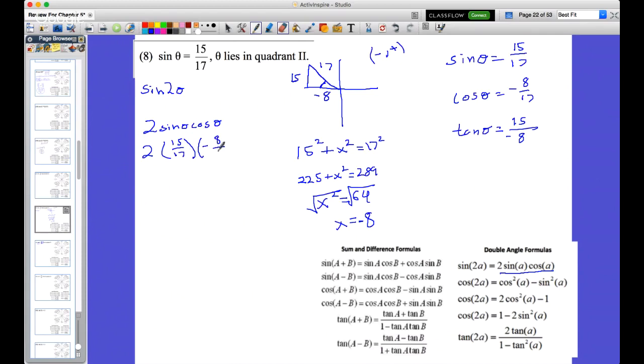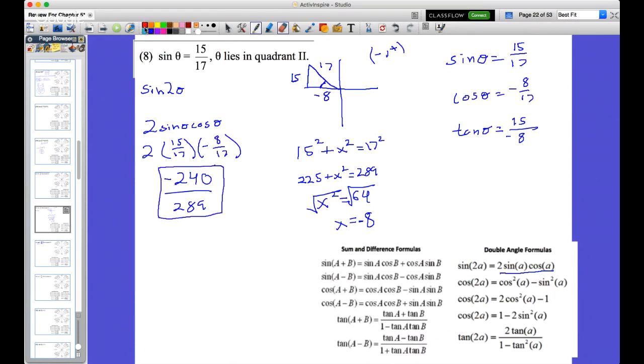Negative 8 over 17. And then we're going to multiply all these, which you can do in your calculator. So 2 times 15 over 17 times negative 8 over 17 would give me negative 240 over 289. So that's for the sine of 2 theta.